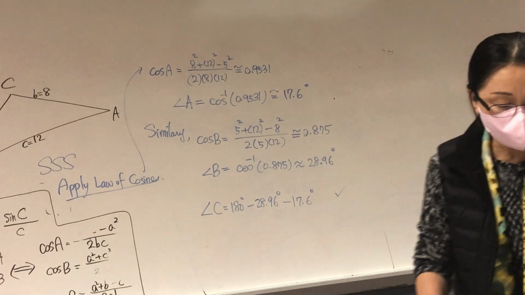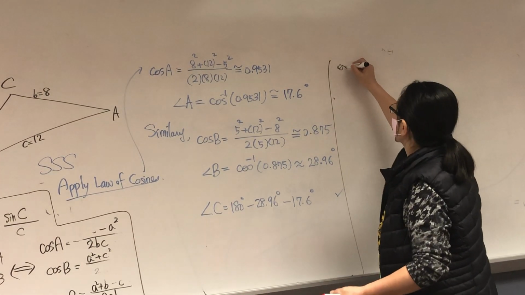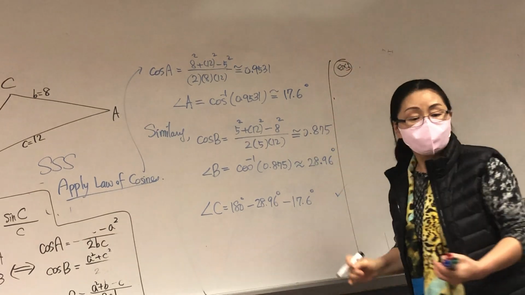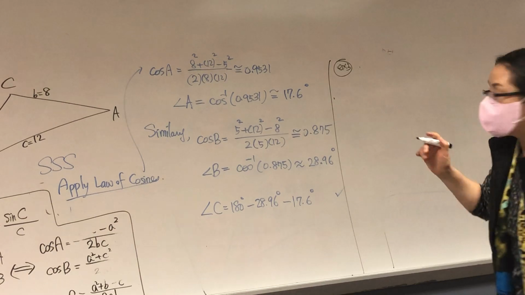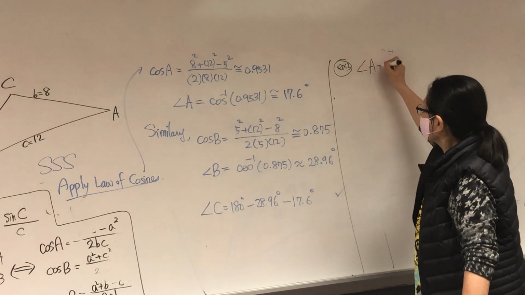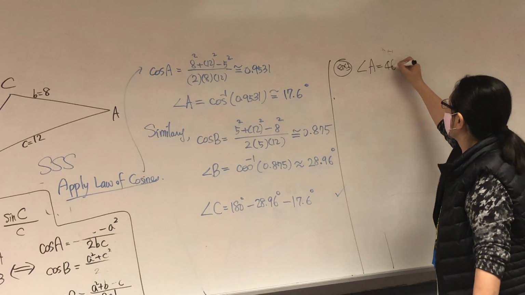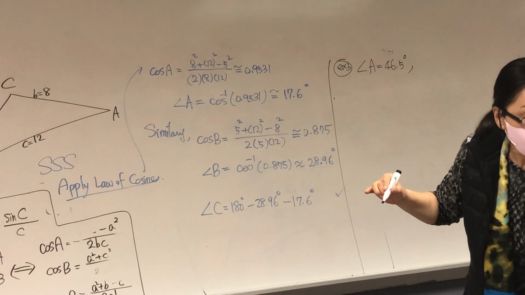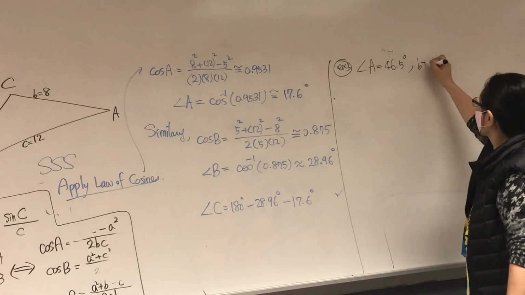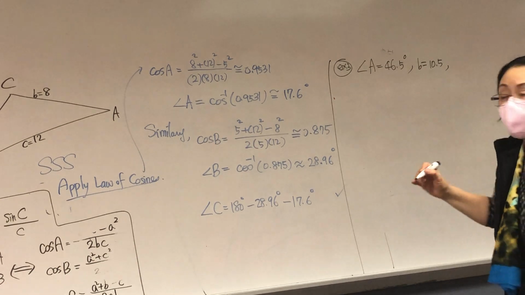How about example 3? Next one. What is given? Solve the triangle. Angle A is given as 46.5, B is 10.5, and C is 18.